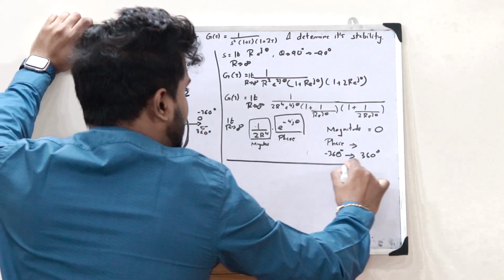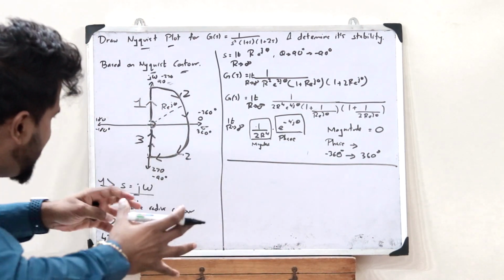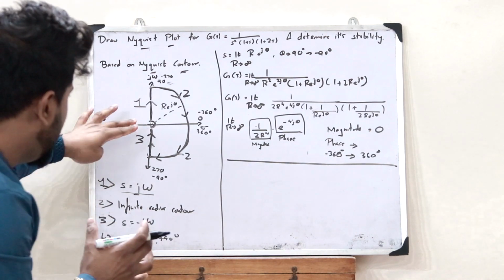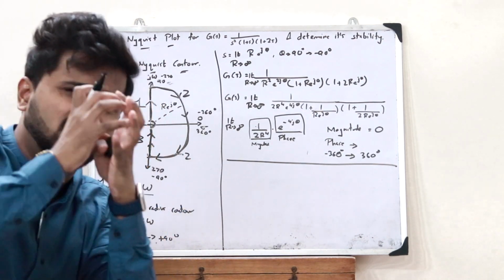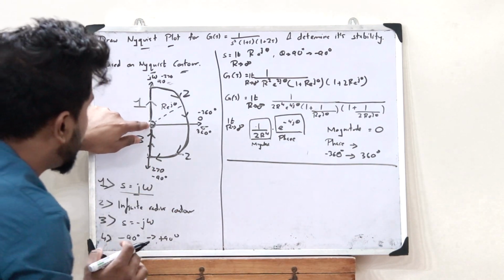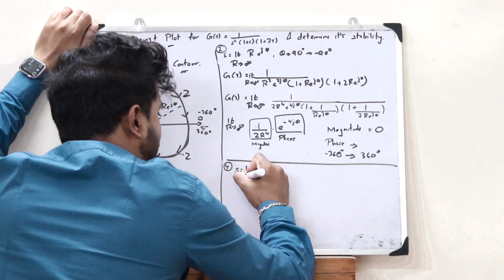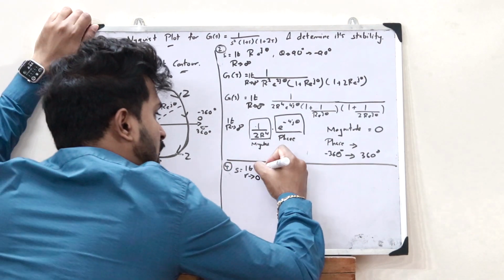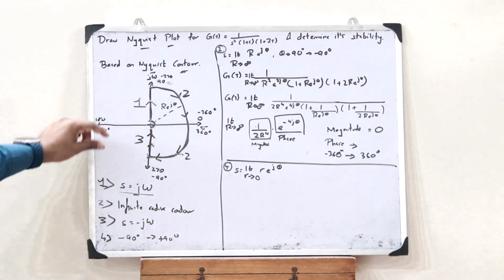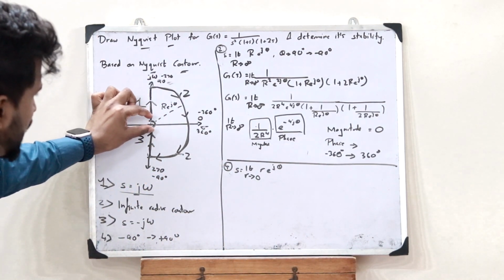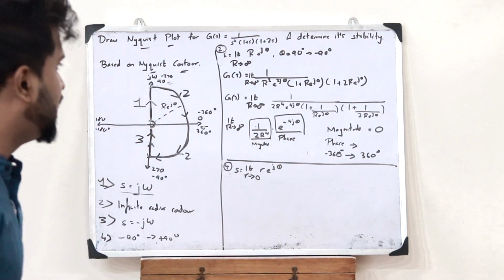Here the value of the radius is very small, tending to 0. So let us assume that s can be represented as s equal to limit r tends to 0 of r into e raised to j theta.